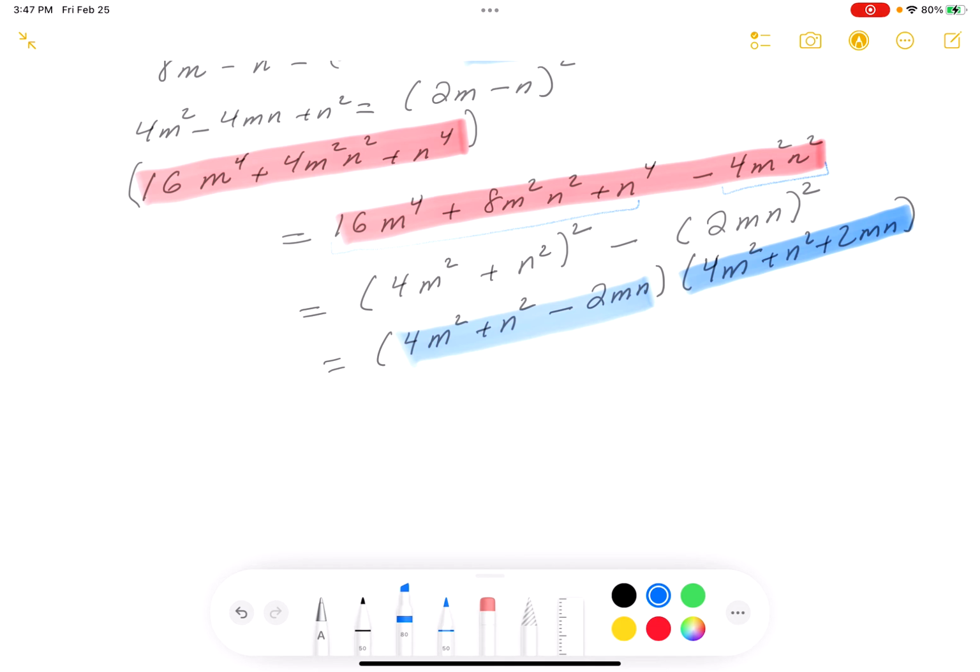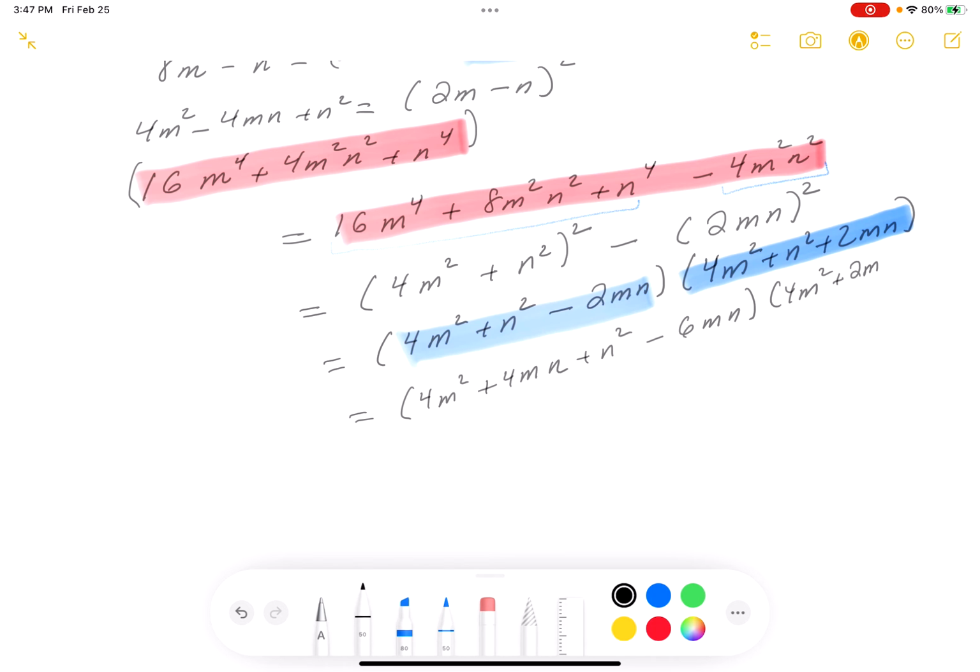What I mean by that is you might want to do the same thing we just did, which is 4m squared, and then add something in the middle. What would it be? It would be 4mn plus n squared minus 6mn. And I'm not opposed to it. You could do that. It just doesn't seem to be going anywhere productive.